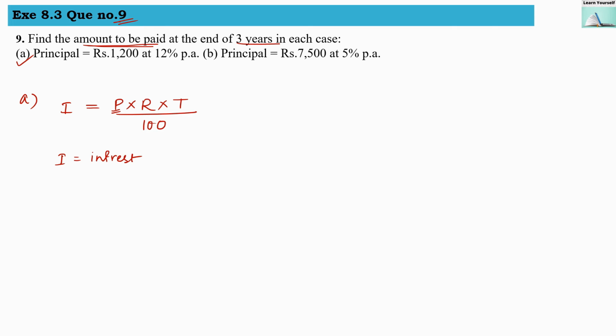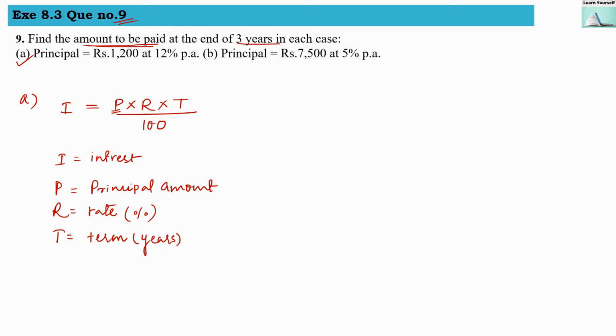P is the principal amount, R is the rate, that will always be in percentage, and T is the term, that is, for how many years we have taken this amount. Once we put all this information in, we will get the interest. So let us take the first numerical. Here the principal amount is 1200 rupees.